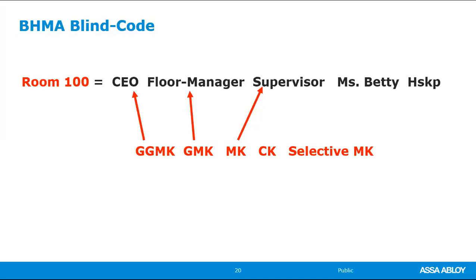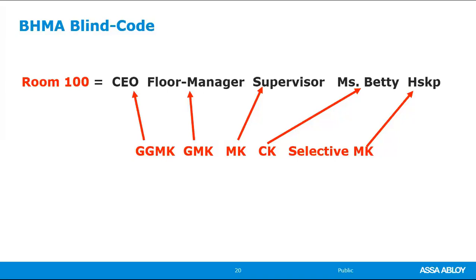Miss Betty, since you only need to get into your office, you are issued a change key. Housekeeping, there's certain locks that housekeeping has to get in every day to clean, or maybe it's maintenance to fix things. You can have a selective master key.